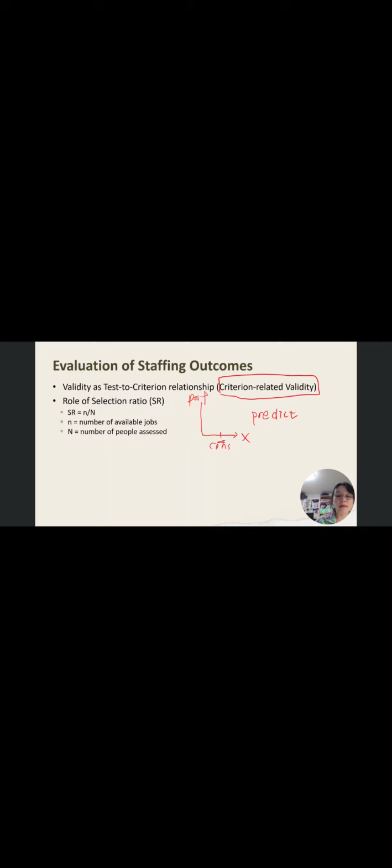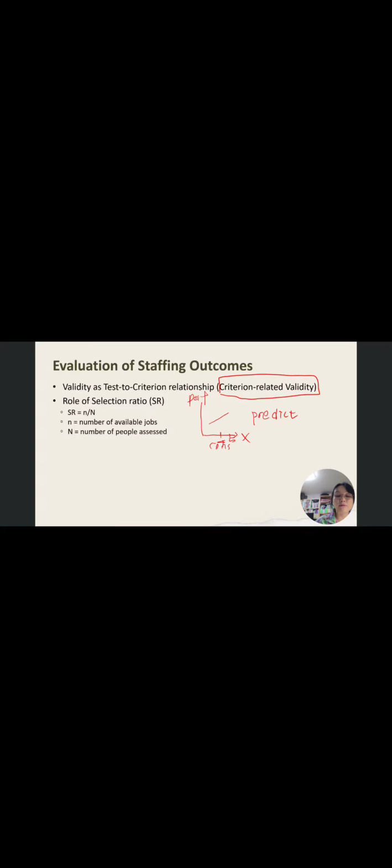If someone's conscientiousness is 4, can we predict the person's job performance? Can we predict that 4 will mean lower job performance than 5?